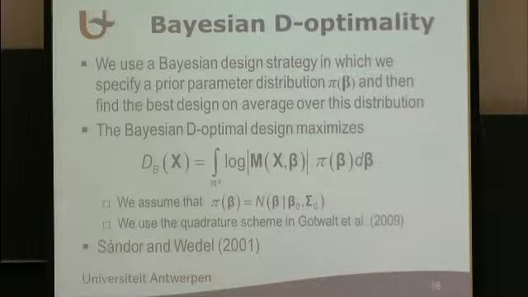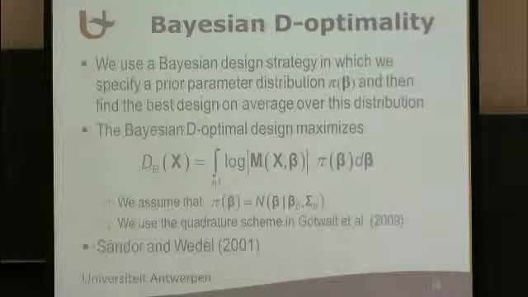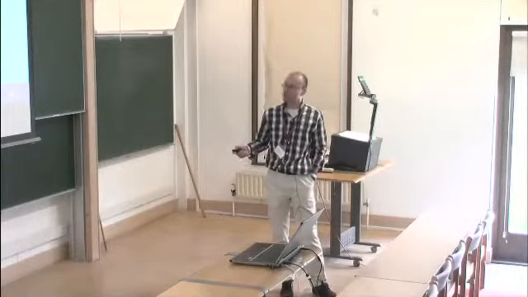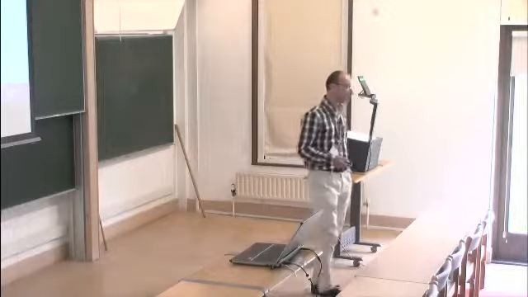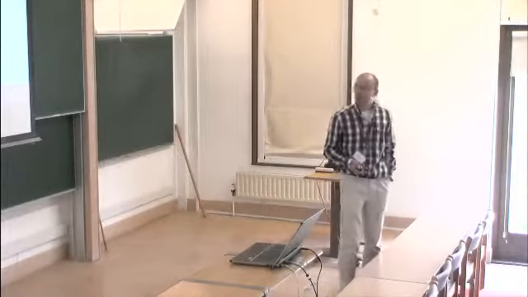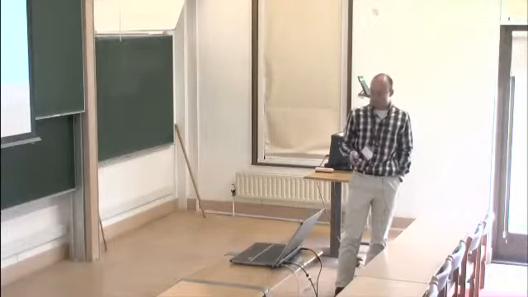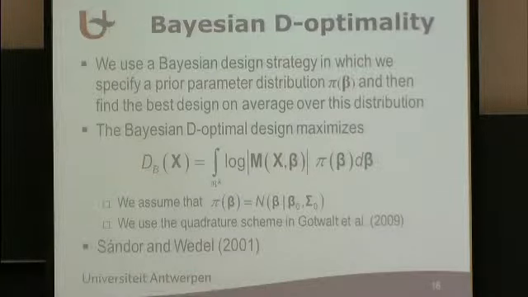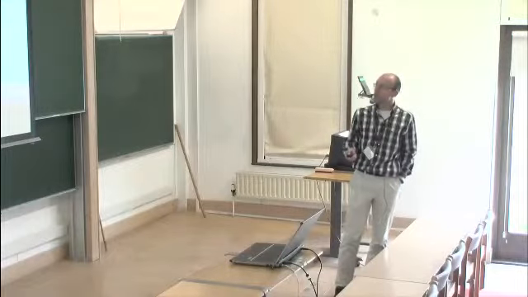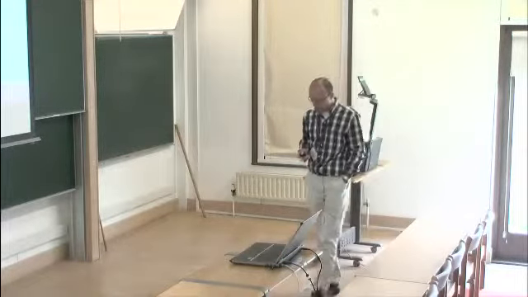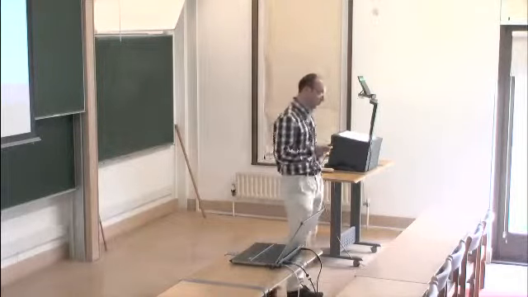So that's the Bayesian optimal design approach, and the authors who introduced this approach in the choice design literature are Sándor and Wedel, who were both working at a Dutch university at the time, but who have moved away now. So that's what we use to construct designs with partial profiles.